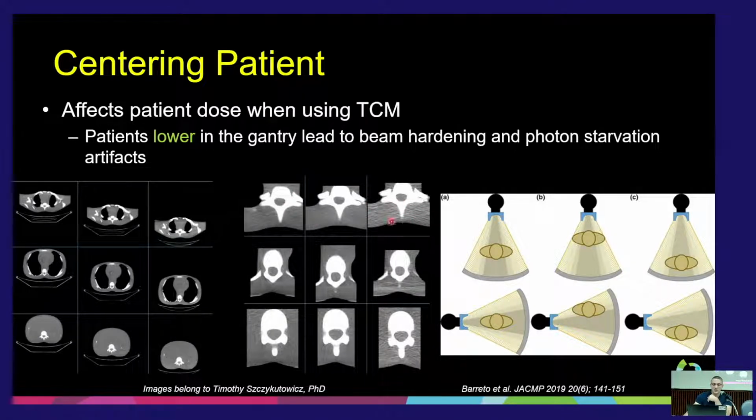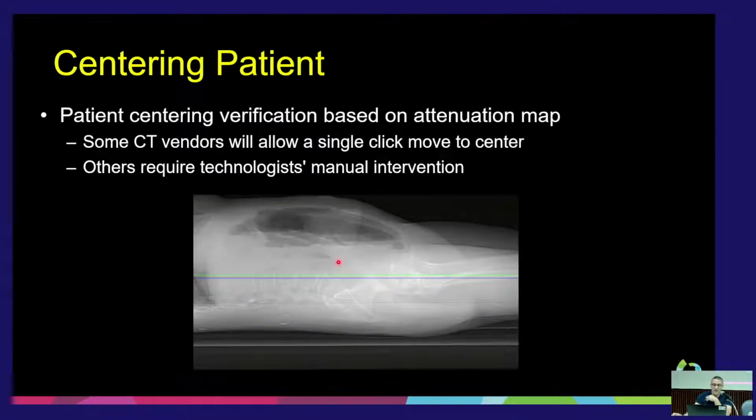You can see that if the patient's too low, you actually start getting a lot more artifacting posteriorly through the body. Whereas if you're centered, everything looks good. And then once again, if you're too high up, you might have some noise artifacts and things just don't look good. So key to dose optimization with tube current modulation is center the patient laterally and then up and down in the gantry.